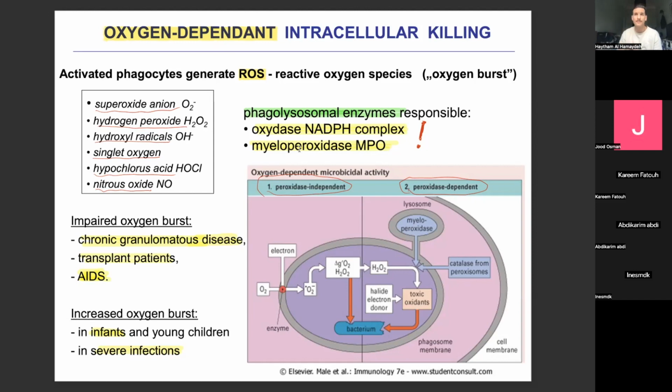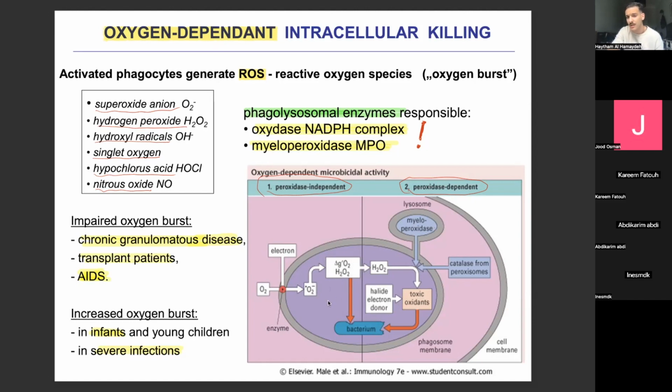Now we have ROS species. How can we use them to break down bacteria? This is just telling us how they are produced. H2O2 or O2 is produced from the ETC, and then they're activated by those enzymes to kill the bacteria. Or they can be inside the lysosomes and activated to then kill the bacteria.